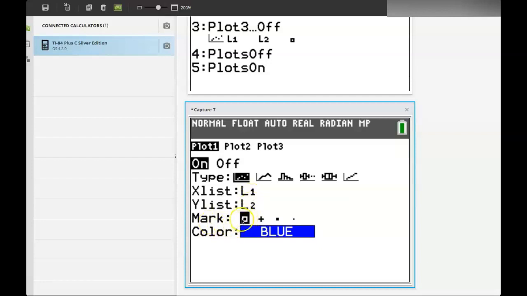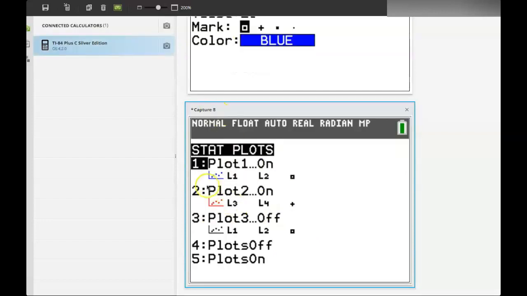Now for males, I'm choosing this square mark and this color blue. Okay, going back by pressing second, again second, Y equals. Again I have this page. Now choosing number 2, I'll scroll down to choose number 2, enter.